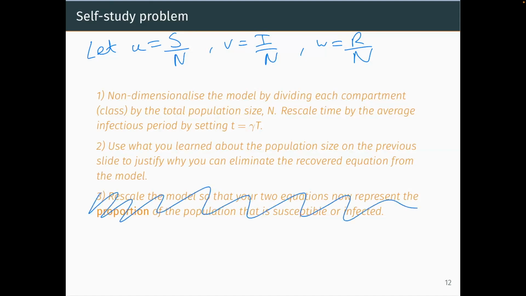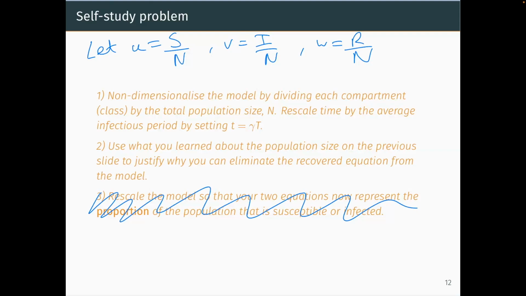So essentially non-dimensionalizing the model. And in doing so, we're going to be thinking about these u, v, and w variables as being the proportion of individuals who are susceptible, the proportion who are infected, and the proportion who are recovered. So it's the same process as we were doing with our resource competition models or with our predator prey models with rescaling them.